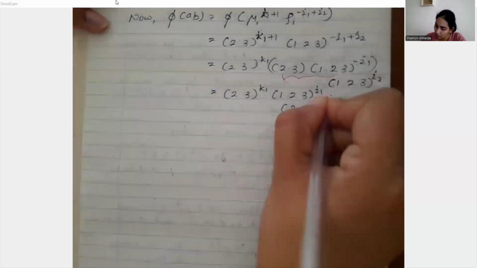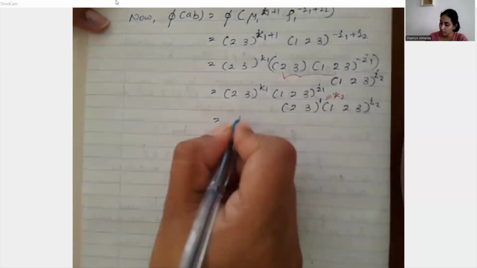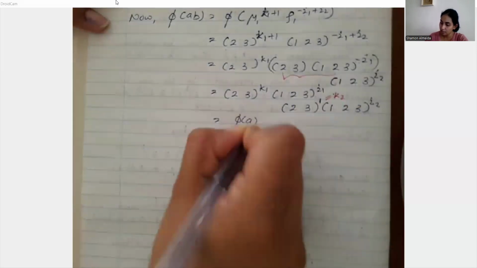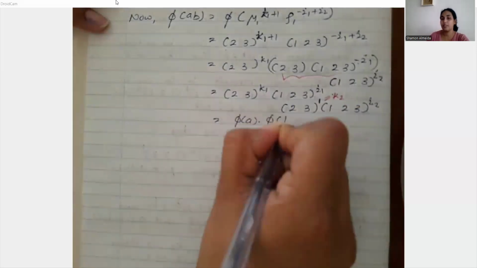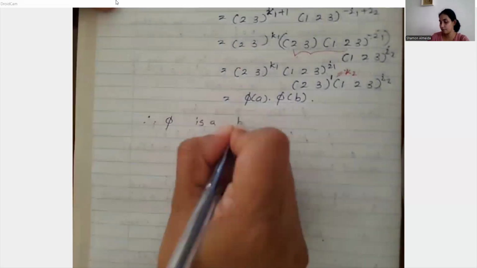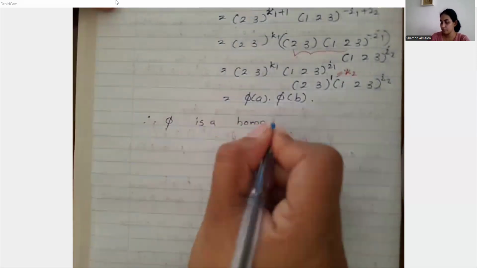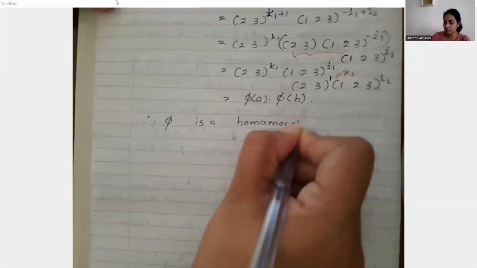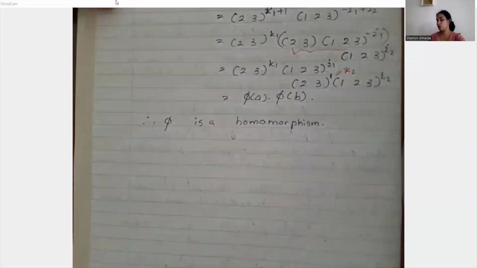This power 1 over here is equal to K2, because in this instance it is K2. This over here is simply phi of A times phi of B. So in any case, we have phi of AB equal to phi of A times phi of B. Therefore, this is a homomorphism.